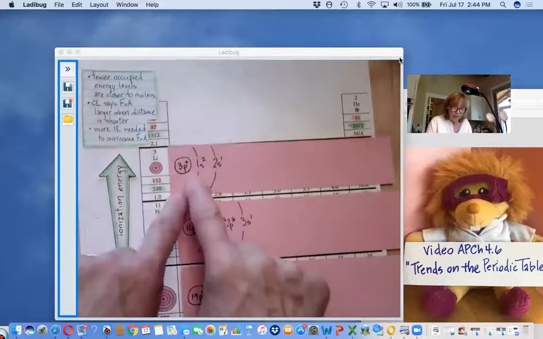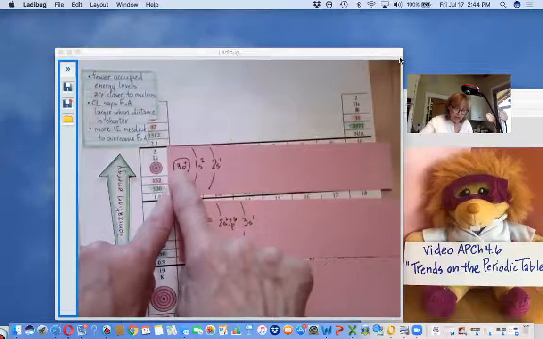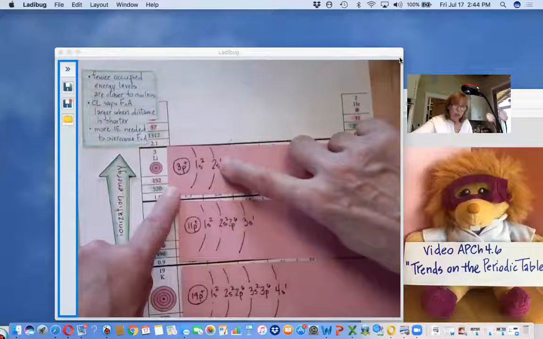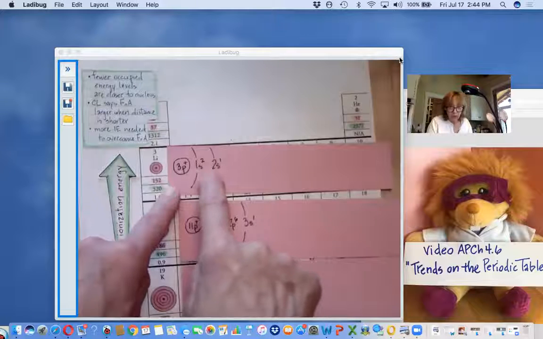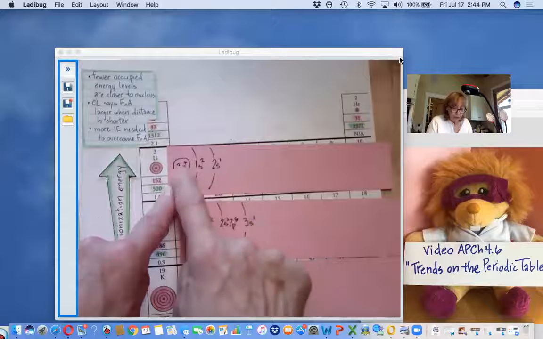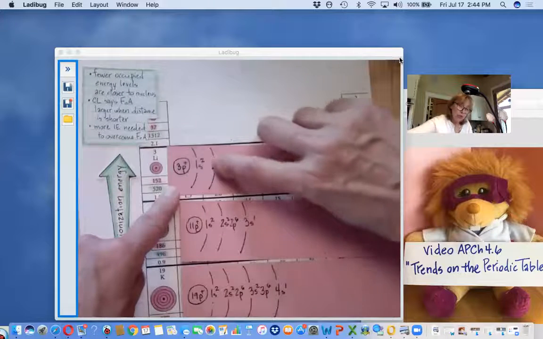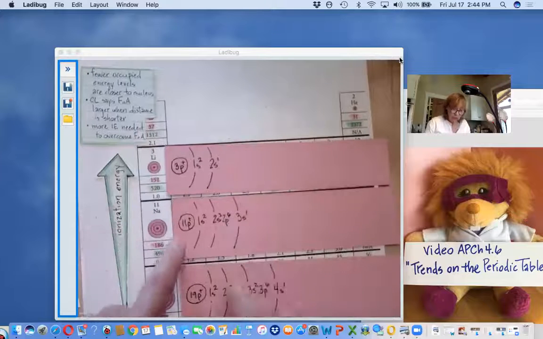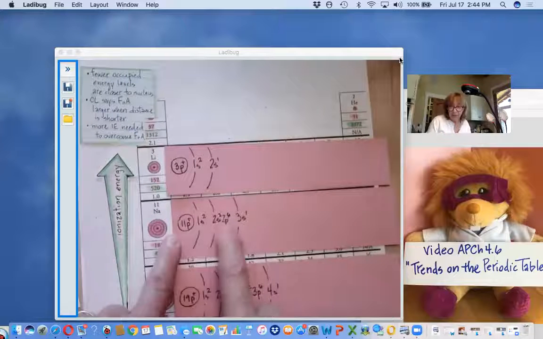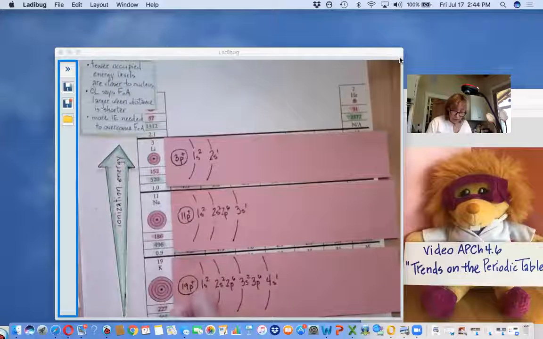So in lithium, the force of attraction between these protons and the valence electrons is pretty strong because the distance is short. That's Coulomb's law. And the stronger the force of attraction, the more ionization energy would be needed to remove that outermost electron. In sodium, the force of attraction is kind of medium because the distance is medium. And in potassium, the force of attraction is weak because the distance is long.